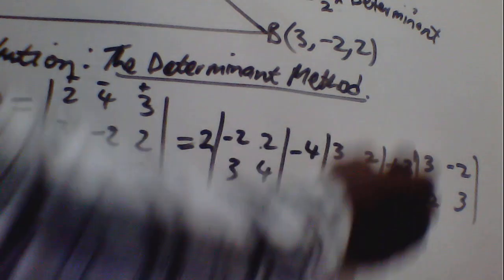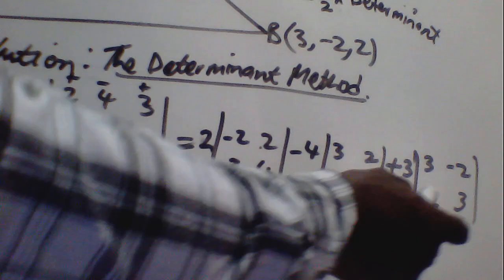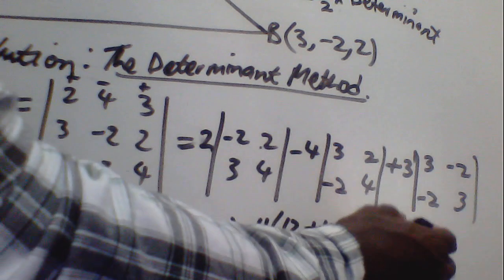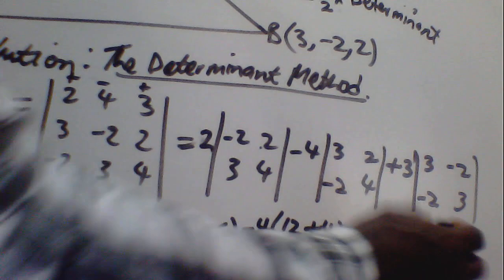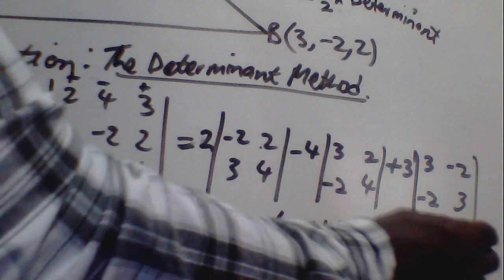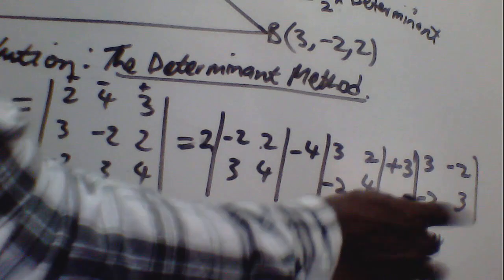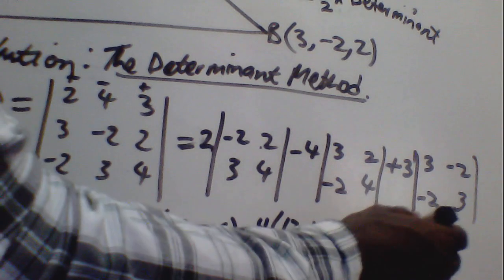So the next is plus 3 in bracket. You do the same here. 3 times 3 will give us 9, minus, remember that minus 2 times minus 2 will give us plus 4. So when you open the bracket here, you have minus 4.